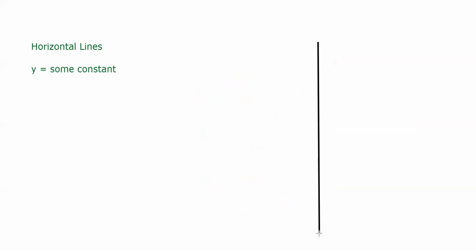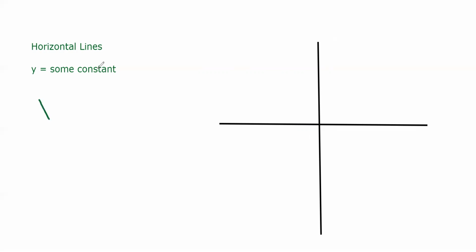Real quick, horizontal lines. That's going to be y equals some constant, some number. So for instance, y equals -2.